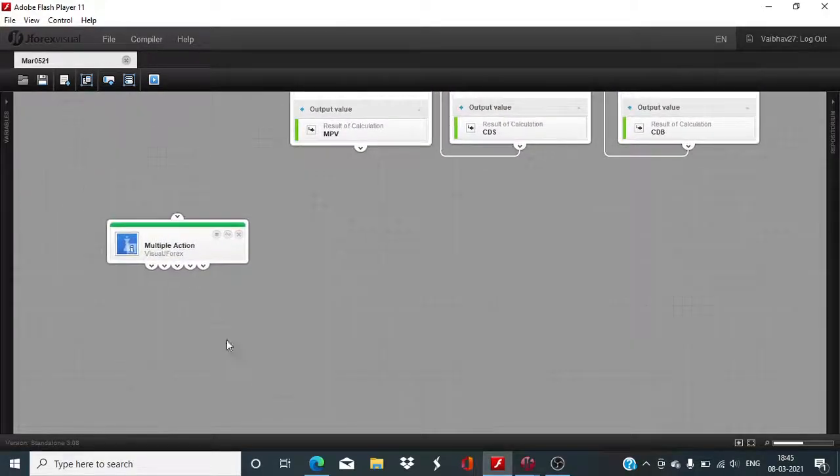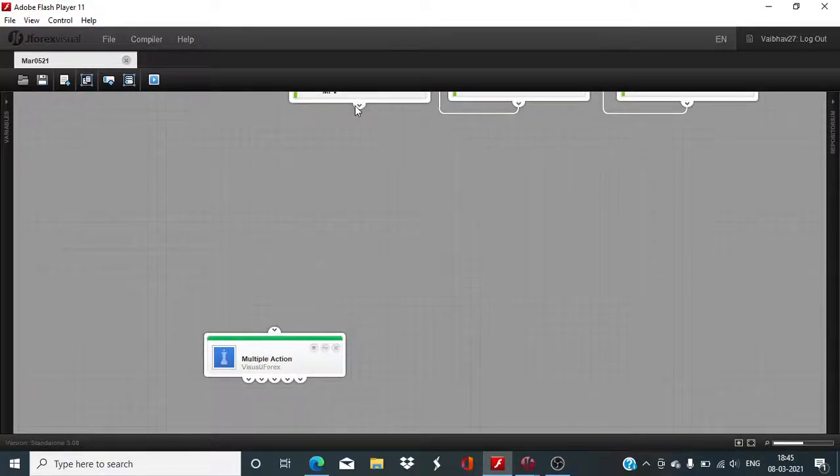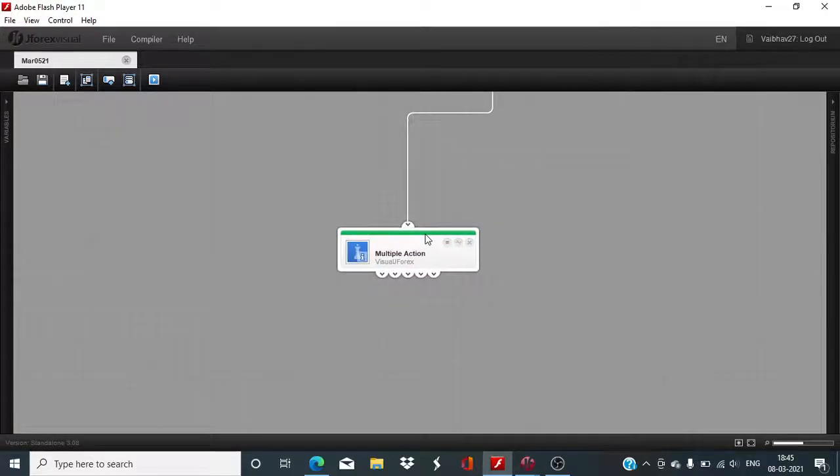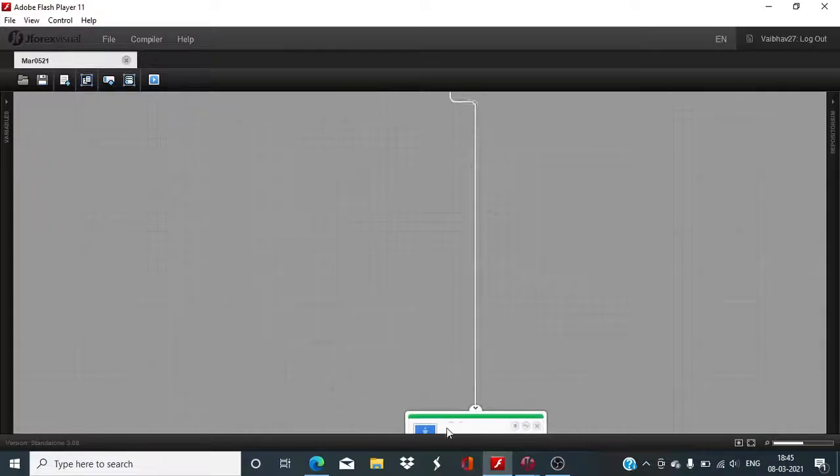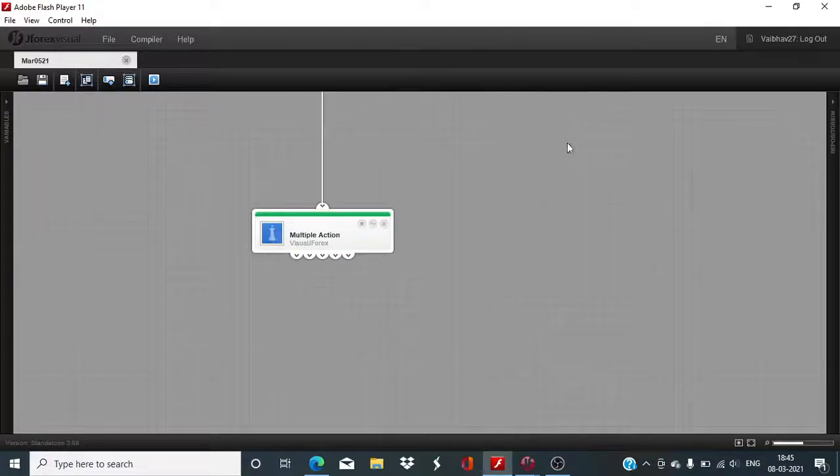So I will leave some space for the time being. I am connecting the flow, but most probably we will have to disconnect it and then reconnect it later on. Okay, all right.